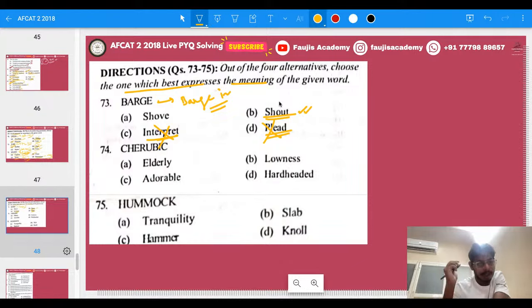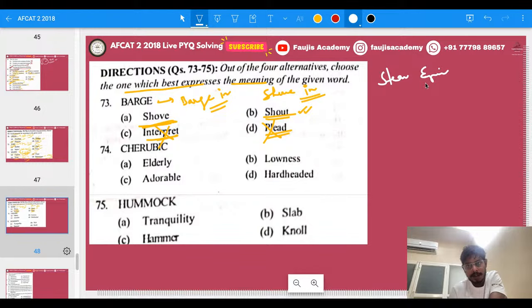Like shouting a war cry, like Jai Ma Kali, something like that. So you shove in. There was a steam engine. It used to work with coal.